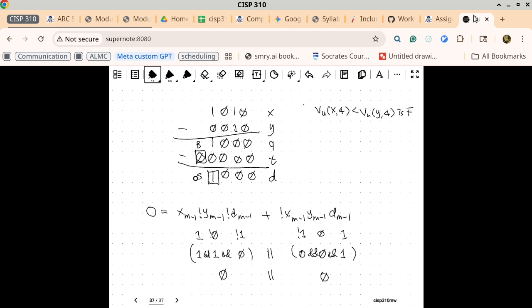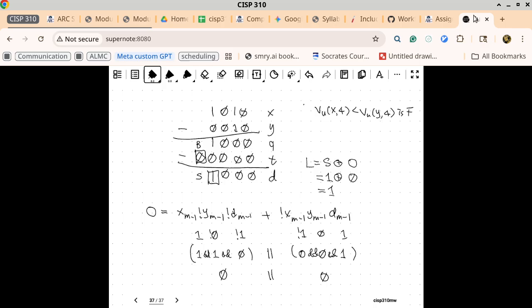Once we have the sign and the overflow, we can now compute the L flag. The L flag is the sign flag exclusive OR with the O flag. In this case, the sign flag is a 1, exclusive OR with the O flag, which is a 0. So the result is a 1.